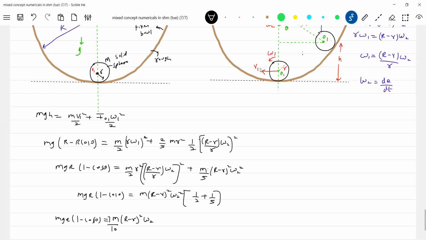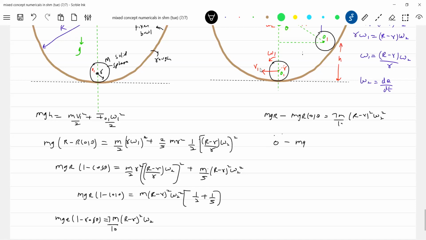Okay, finally, we have to show that alpha, no? I should bring alpha. So shall we differentiate this? After differentiating this, mgR minus mgR cos theta, differentiating with respect to theta.